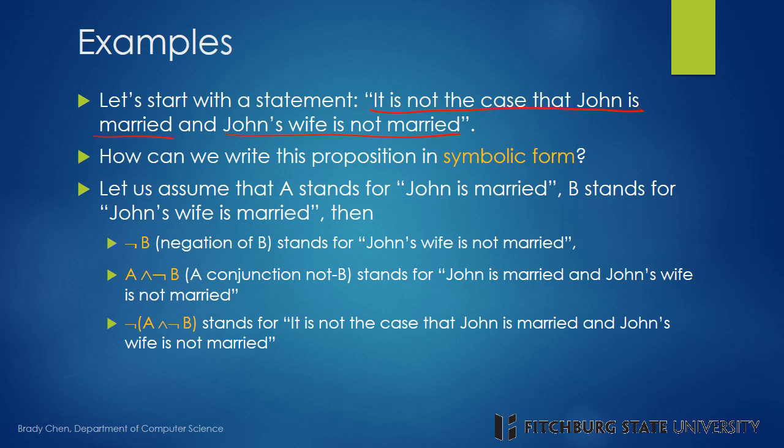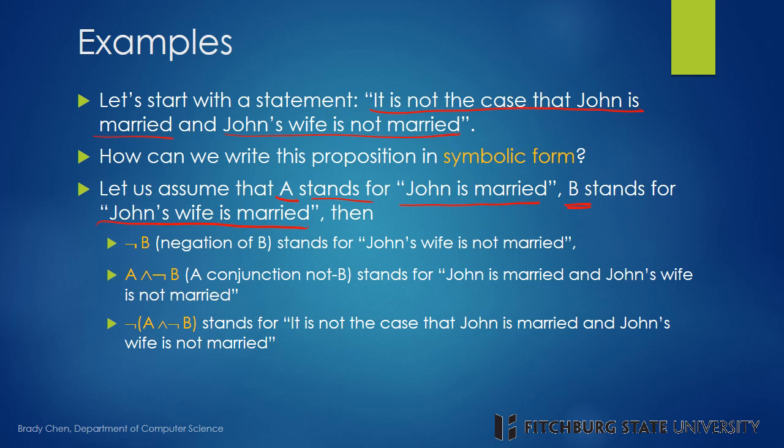Let's assume that A stands for John is married. It is a proposition, right? And it has a value. It could be true or false. And then B stands for John's wife is married. This is another proposition, another statement.